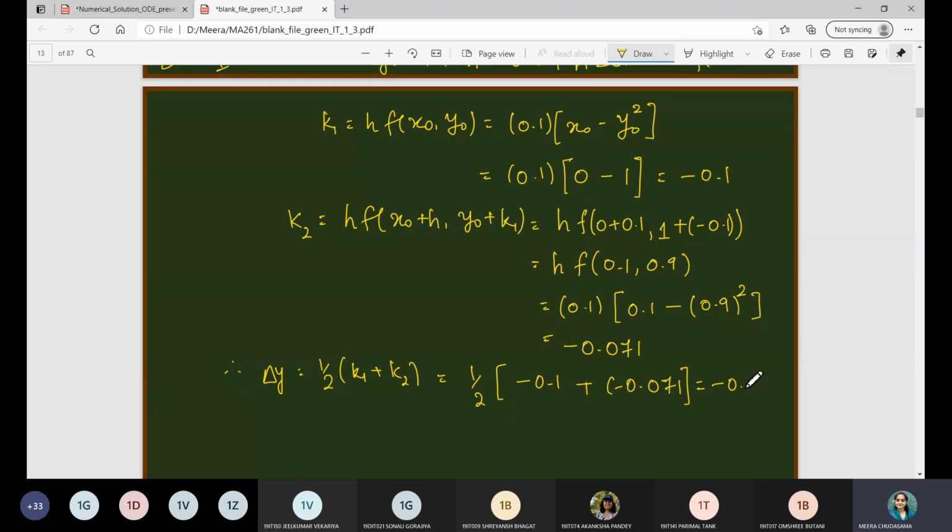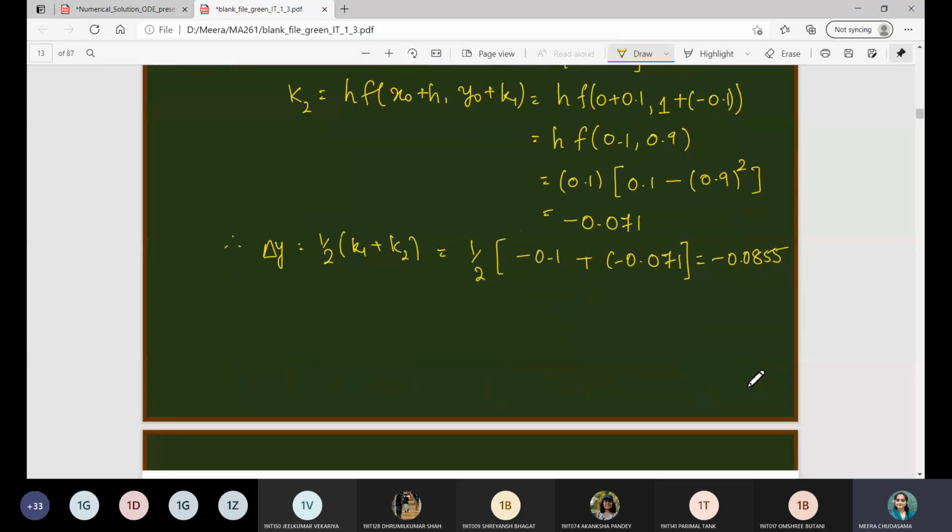Minus 0.0855. Yesterday I told you that this increment may be negative or positive. It can go in either direction, either to the left hand side or the right hand side. So here it goes in the left hand side direction.